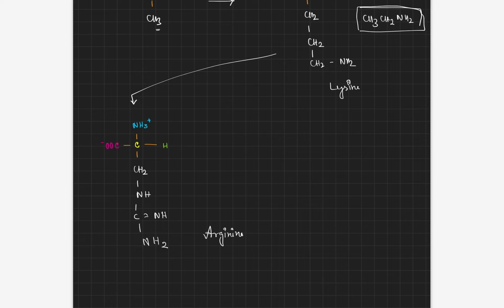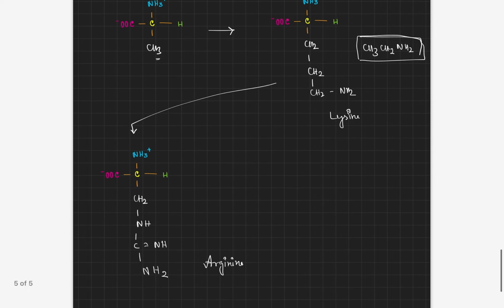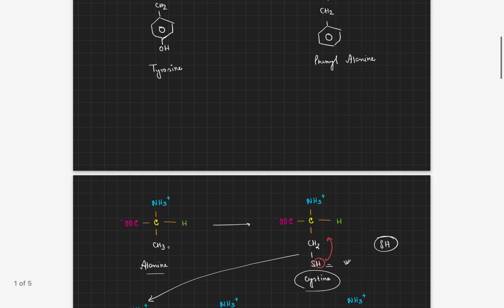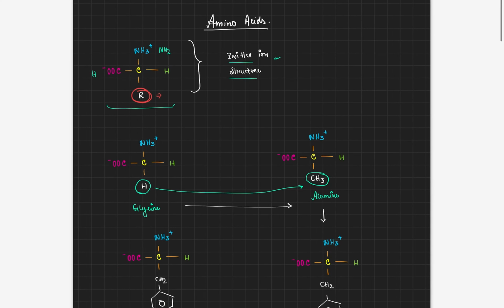So these few amino acids I tried to make a very good idea to remember.